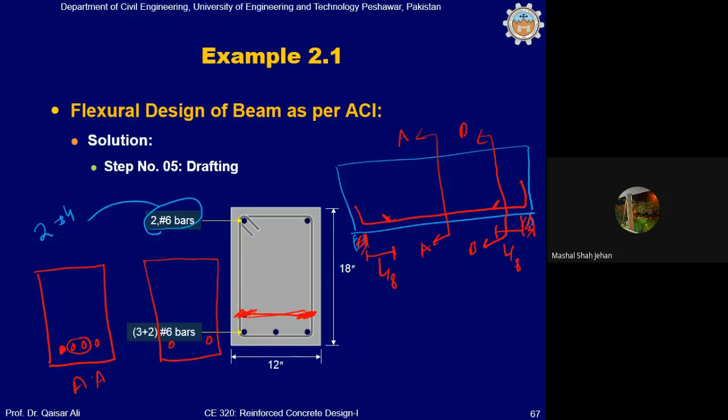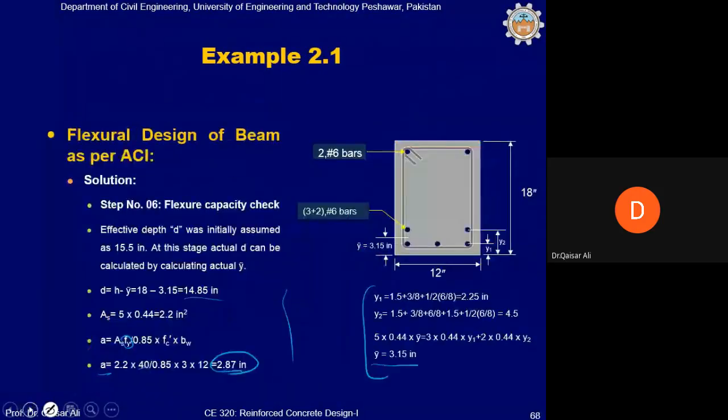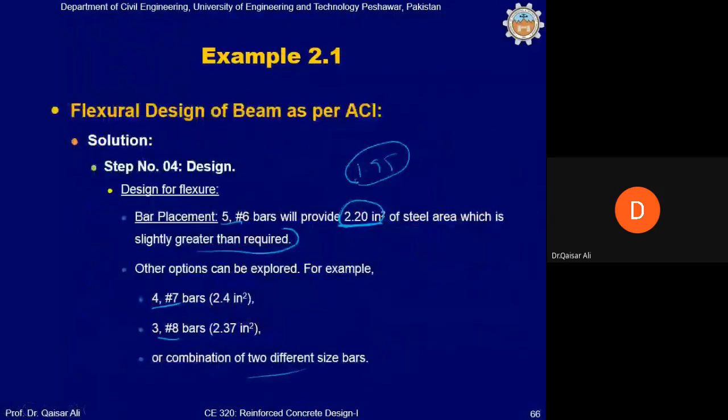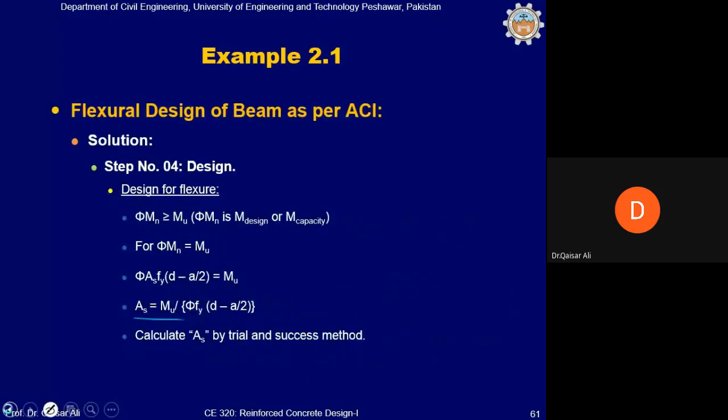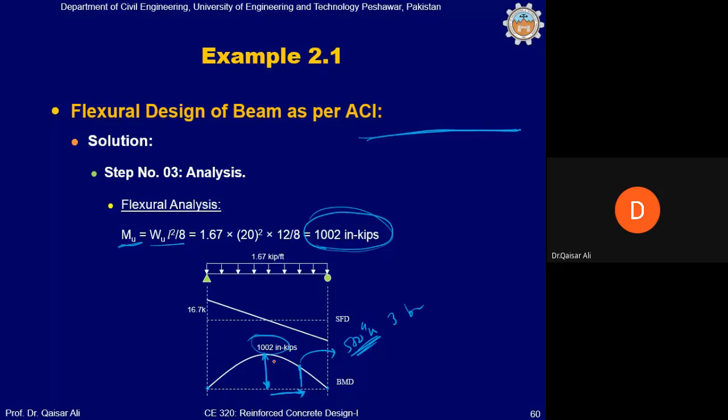Excuse me, sir. Yes. Sir, will this not reduce our area of reinforcement? The reinforcement will reduce, but that reinforcement is not required at the support. This is what I am explaining. The reinforcement you have calculated is for the maximum moment at the center of the beam.